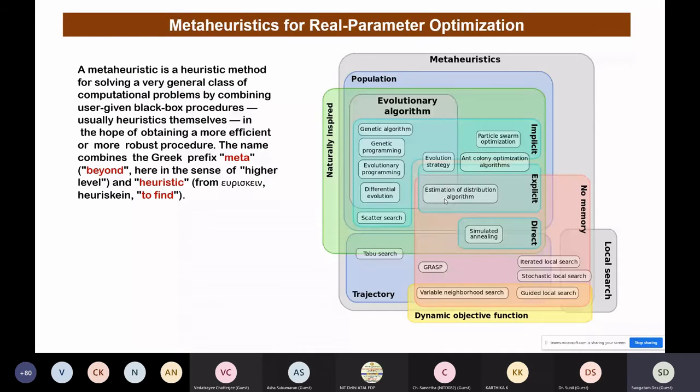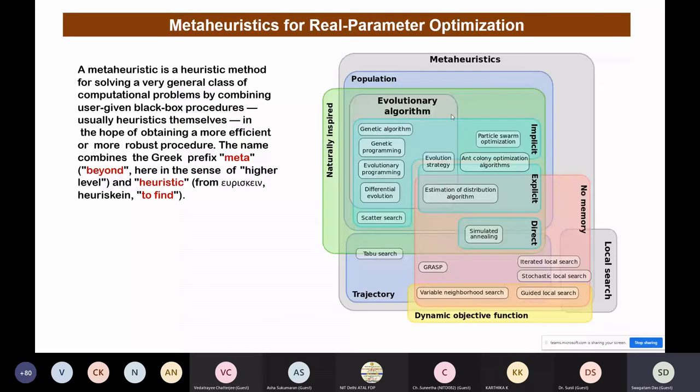This chart shows you some of the meta heuristics under different categorization, but of course, every day some new algorithm is being proposed, at least every week, I am sure. So it is not really possible to keep track of all of them. All of them are not also very important. But this green portion is naturally inspired from either Darwinian evolution or the foraging behavior. Foraging means searching for food.